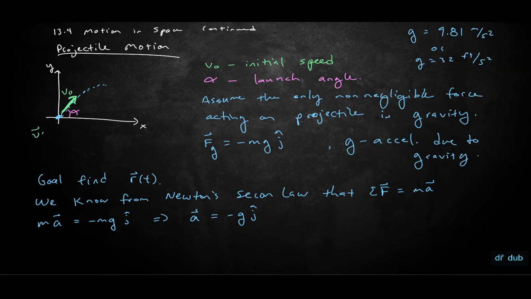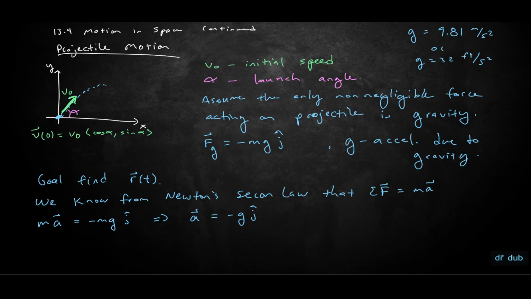So velocity v of 0 is going to be v0 times a unit vector cosine alpha, sine alpha. So that's the initial velocity. I know the initial speed is v0 multiplied by a unit vector in the direction of the launch angle, and we get the initial velocity.